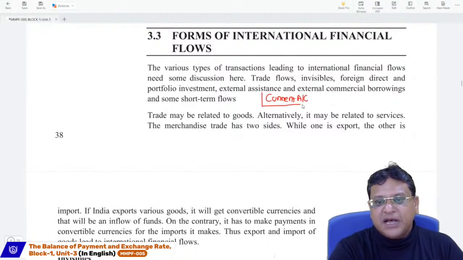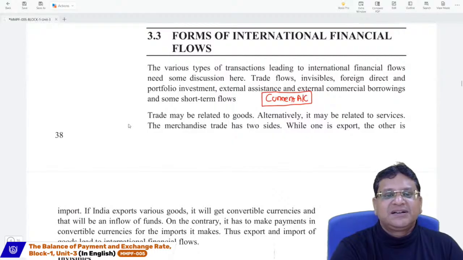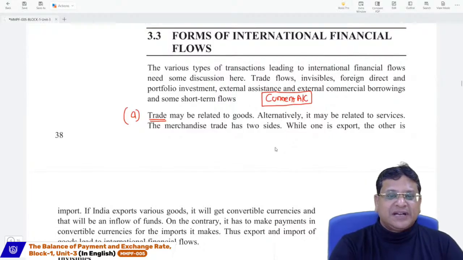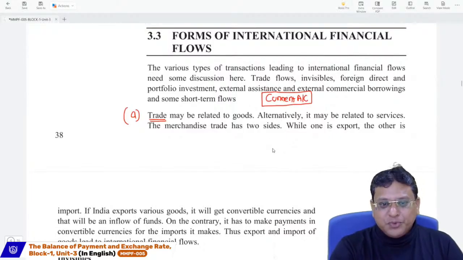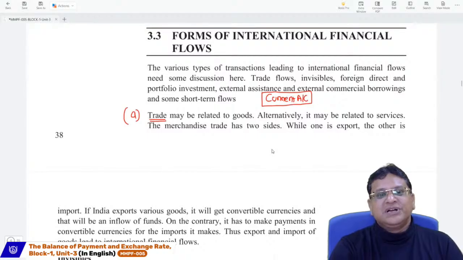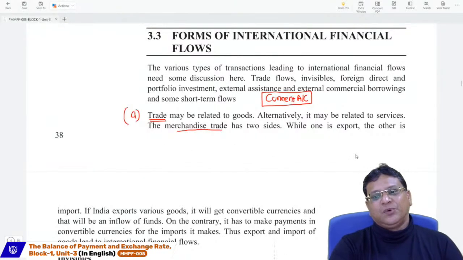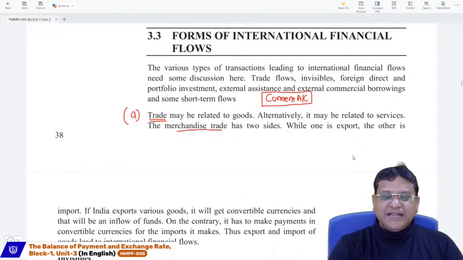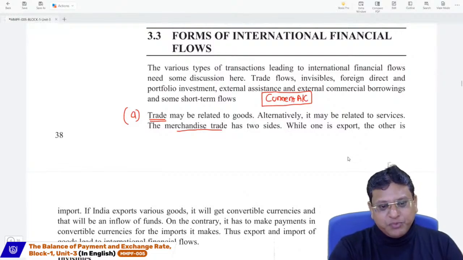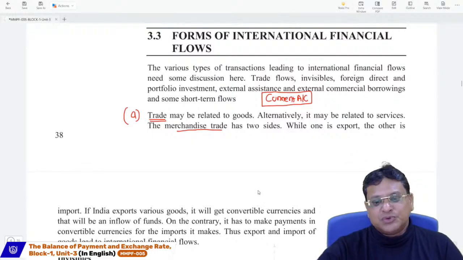First is trade. Trade relates to goods. Trade means import of goods and export of goods, that is, mercantile trade.